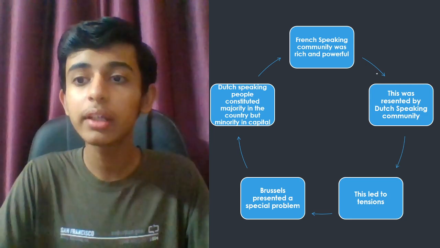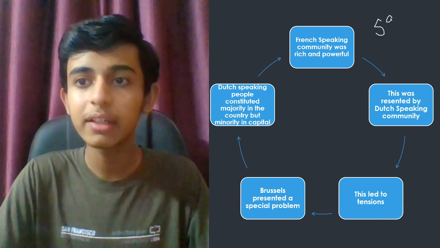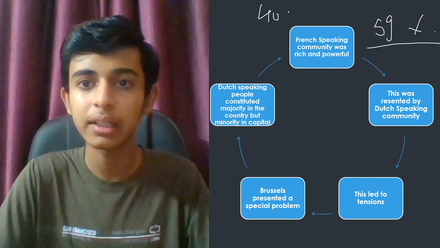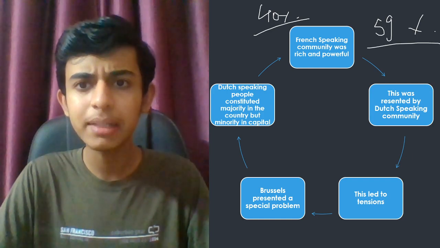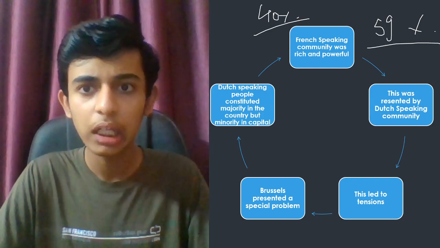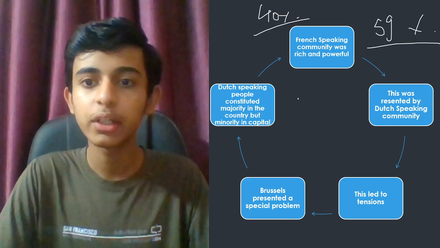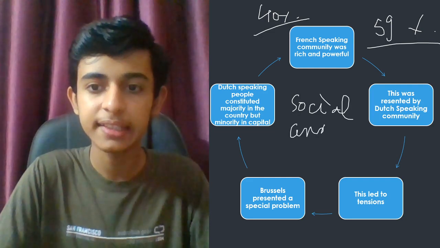The Dutch thought that in the whole country we are in the majority, we are 59% out of 100 and French people are only 40%. Then how is it possible that they are going to be rich and we middle class or poor? This is not fair. This led to social tensions, social anxieties and tensions.